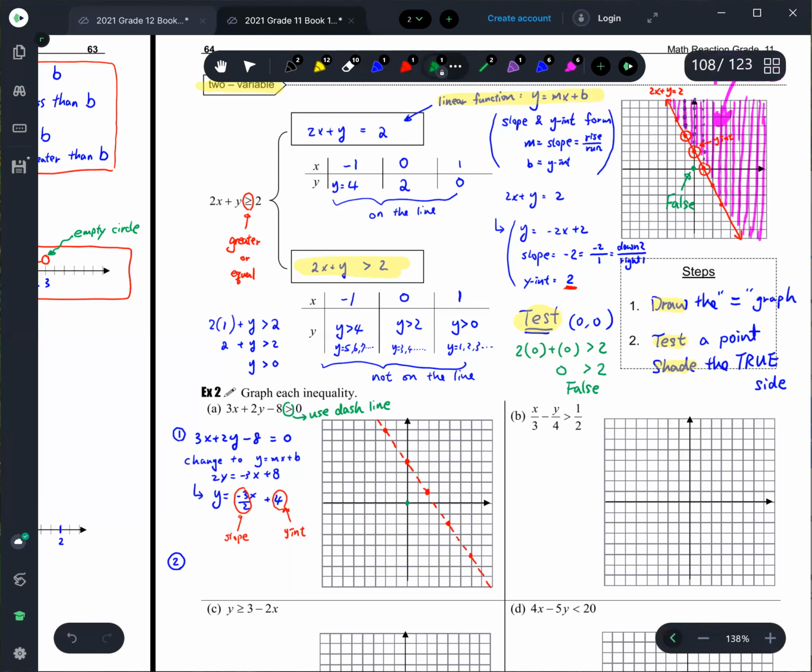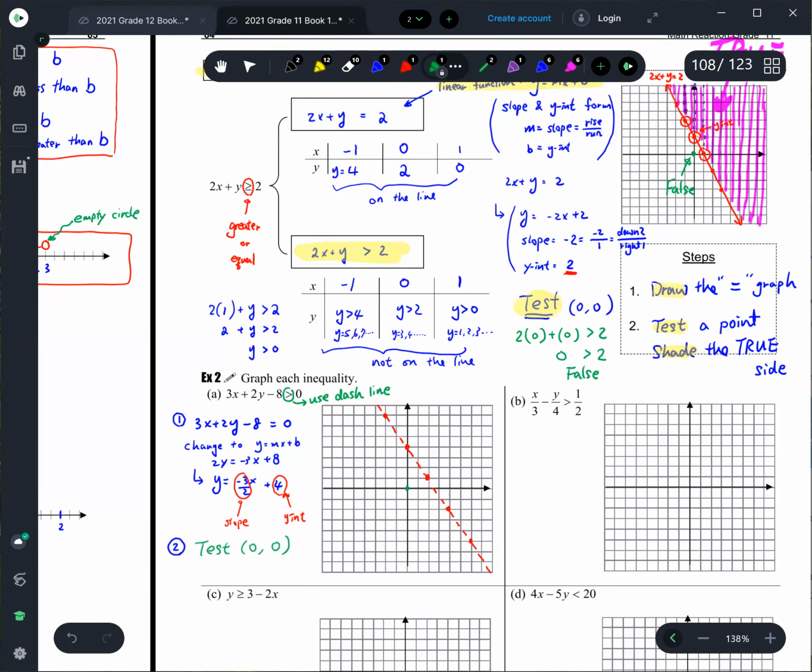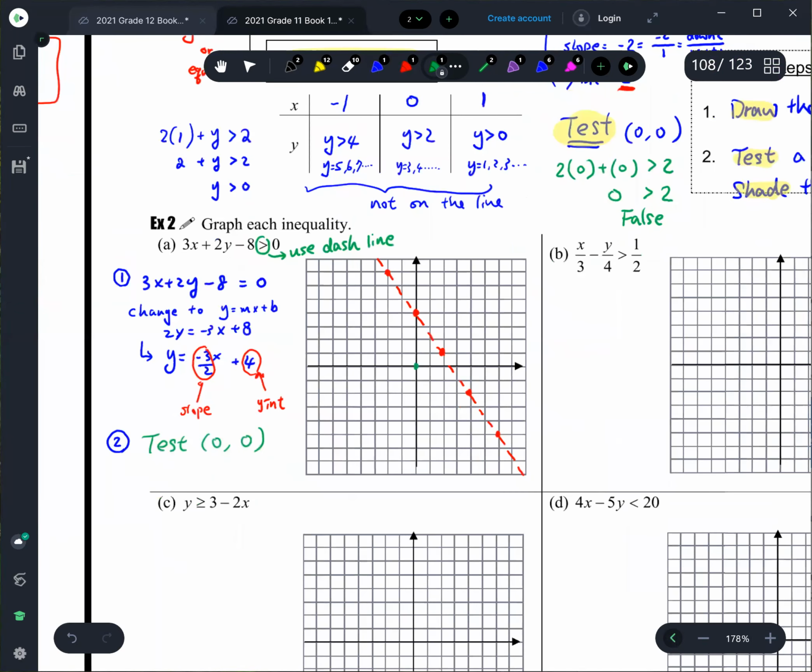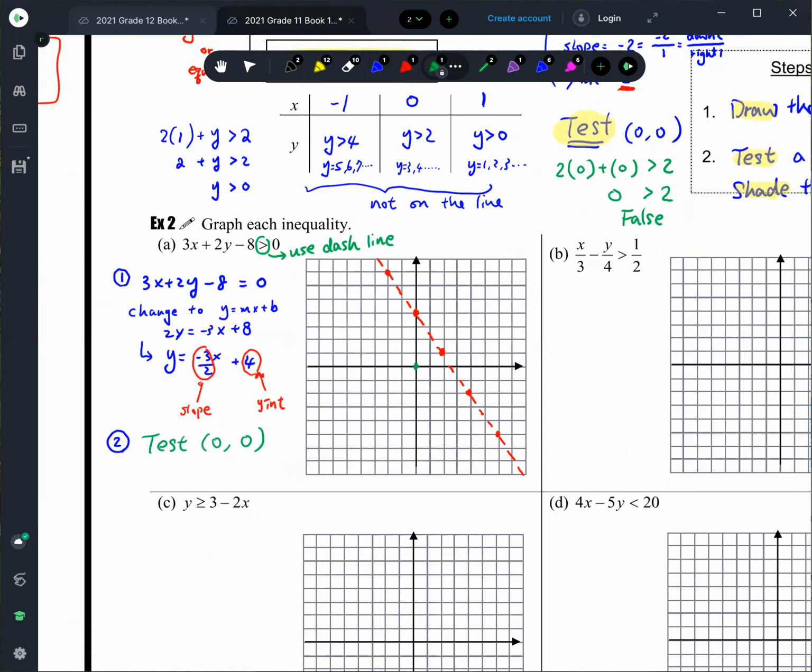That's why we pick that. When you test, you plug it into the question. The question has 3 times x plus 2y minus 8 greater than 0.